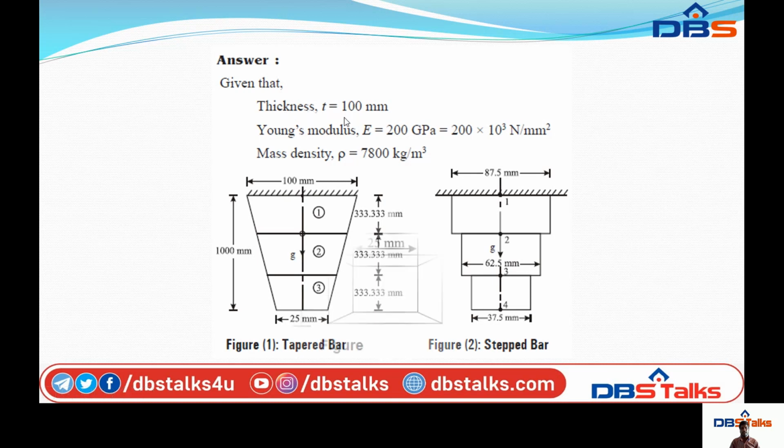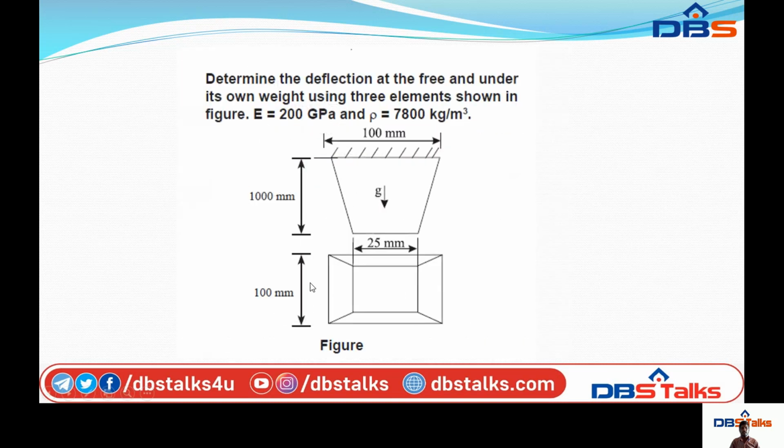First of all, thickness will be t. This is the tapered bar section, and the thickness will be 100 mm. This is the height and this is the thickness. This is also the height. These are all the properties related to height.